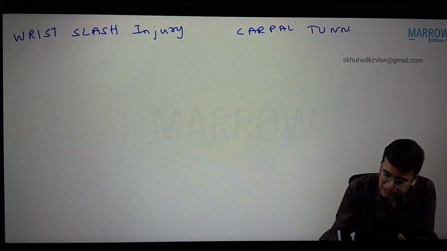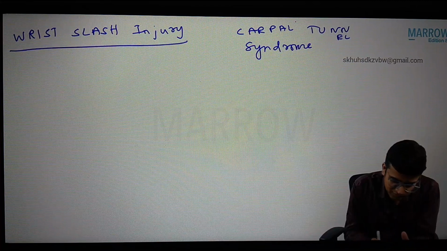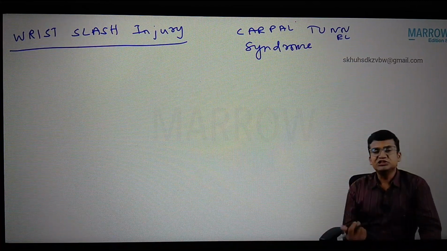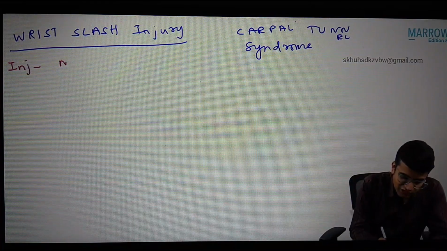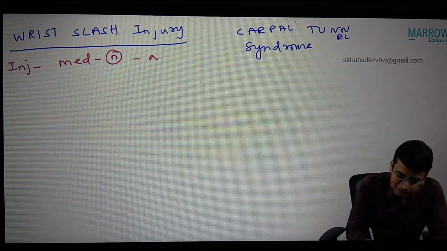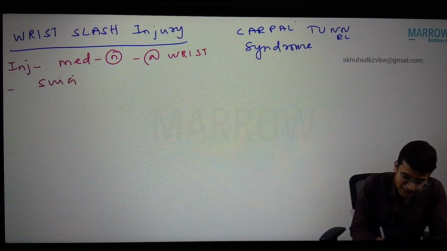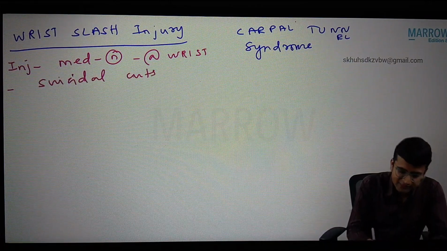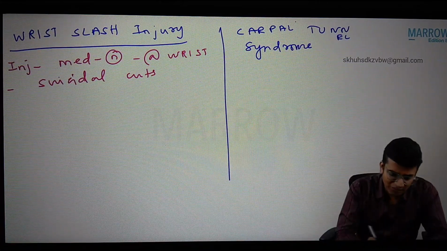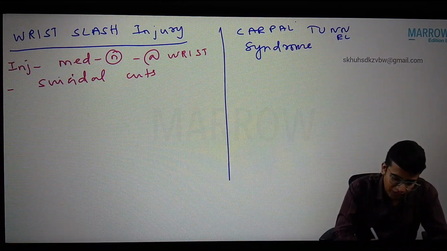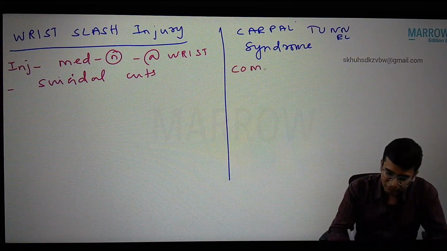Now, wrist slash injury is injury of the median nerve at the level of the wrist due to suicidal cuts. Now, what about carpal tunnel syndrome? Carpal tunnel syndrome is due to compression of the median nerve while passing below the flexor retinaculum.